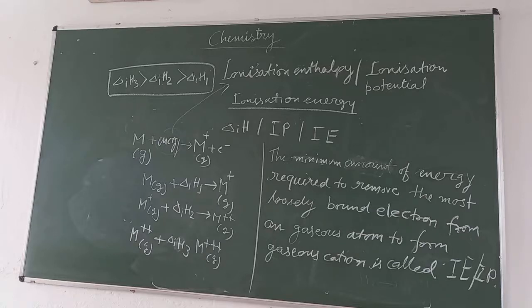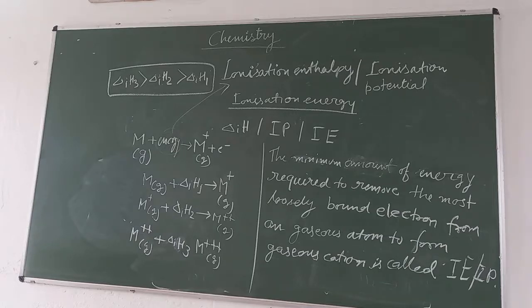after the removal of one electron from the neutral gaseous atom, a cation is formed. This cation has one electron less than the protons. Thus, the effective nuclear charge is increased. Electrons are attracted towards the nucleus by a greater force.